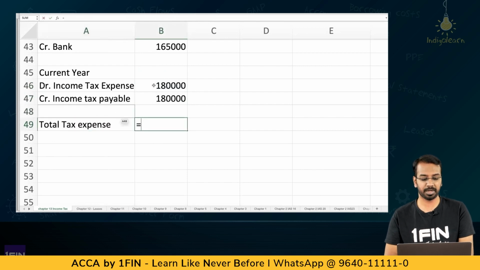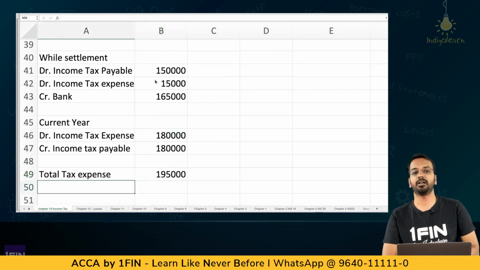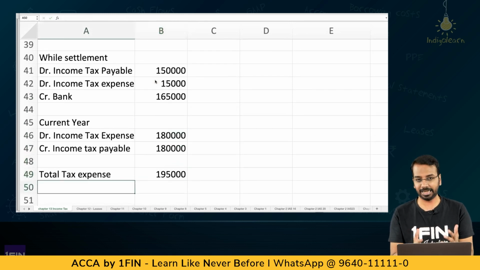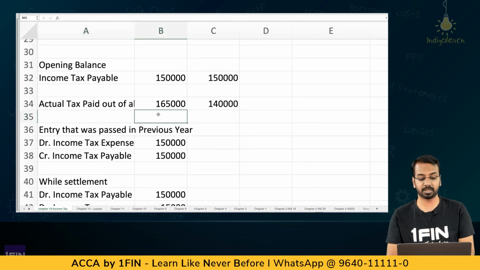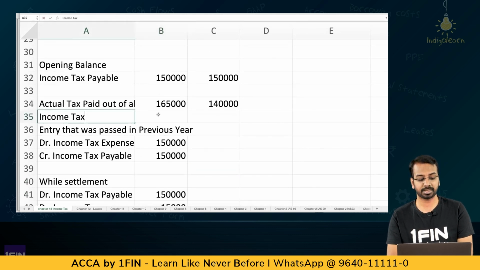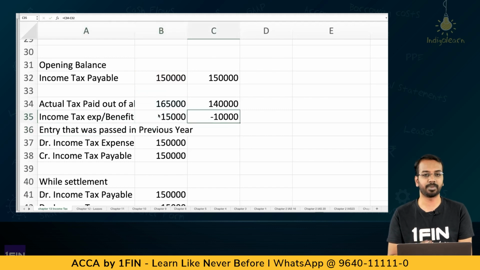Total tax expense is 180 plus this 15, which is 195. You can directly calculate. I am just showing the journal entry so that you understand the flow. Otherwise, you can simply say previous year 150, actual paid 165. So income tax expense or benefit, this minus this is an expense, and if you pay less, it becomes a benefit, right? So that is how we calculate.